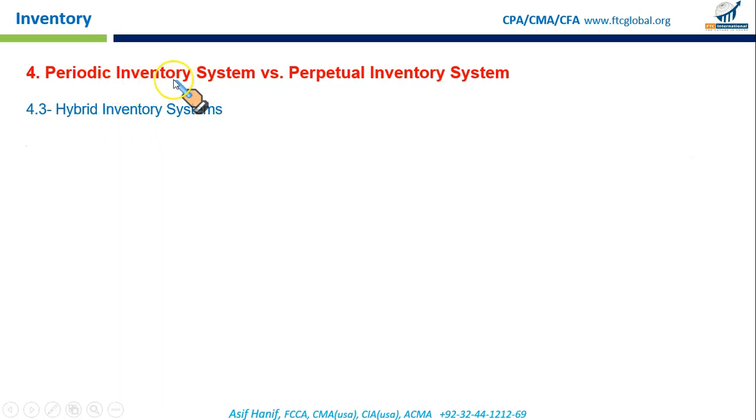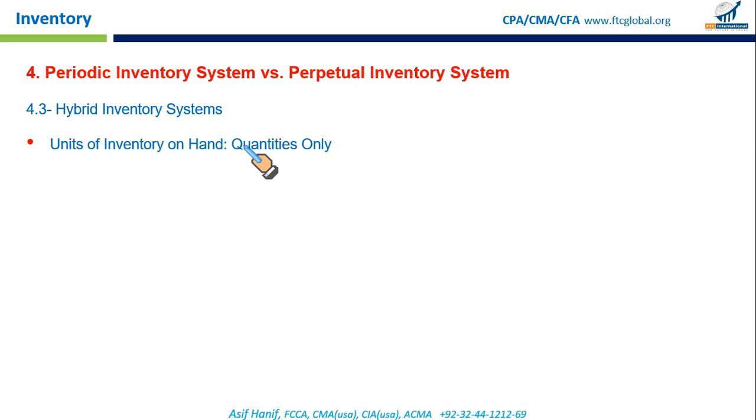So in between these two systems, we have hybrid inventory systems also. These systems basically just mix features from both periodic and perpetual. In hybrid inventory systems, first we have units of inventory on hand, quantities only. So in some organizations, perpetual records are kept for quantities only. It means you have inventory records showing you the quantity, not the dollar value of the inventory.